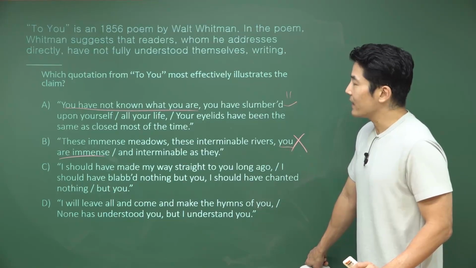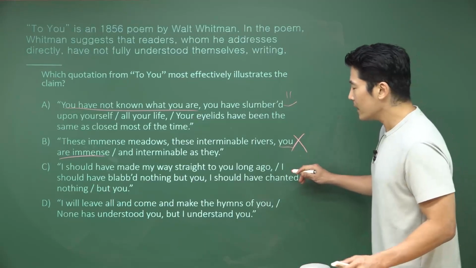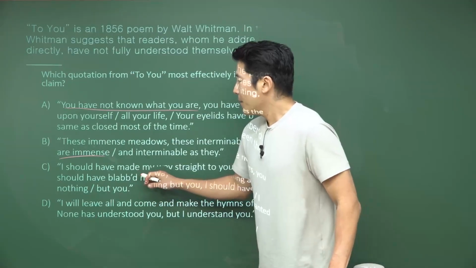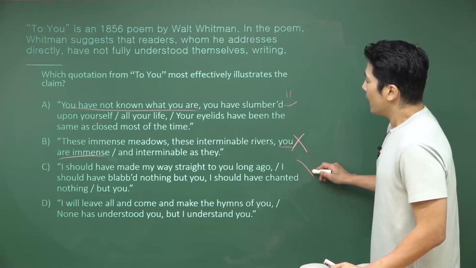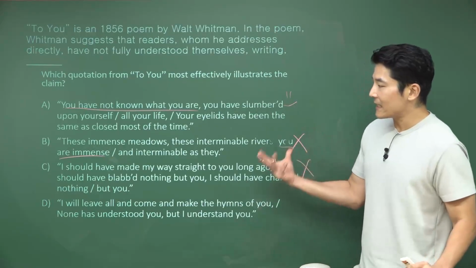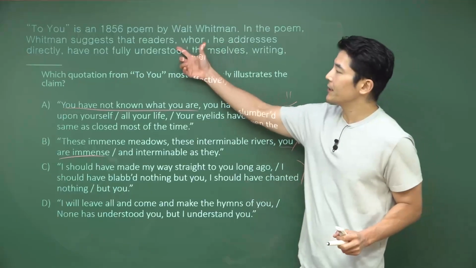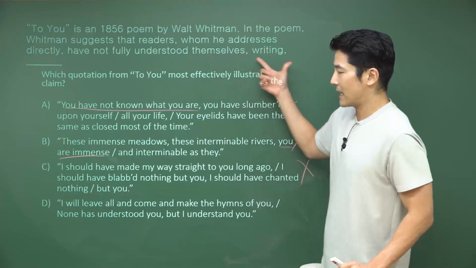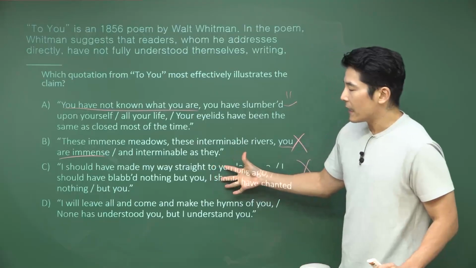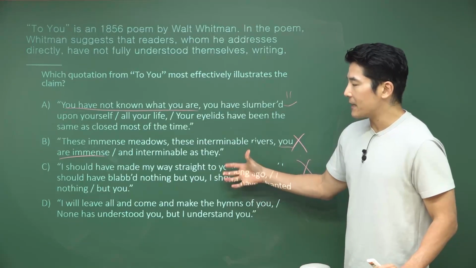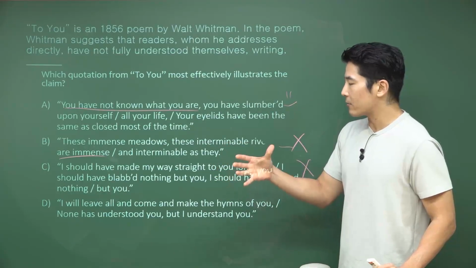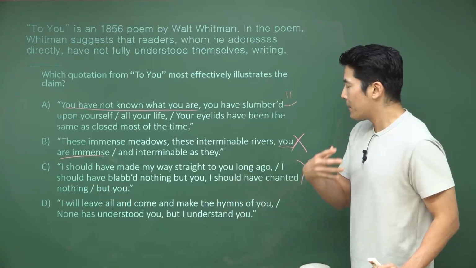So this, again, is basically here, I think this is obviously wrong, right? This doesn't directly relate to readers not fully understanding themselves. All this statement is saying is that the writer has regrets, right? The writer should have done something but didn't.